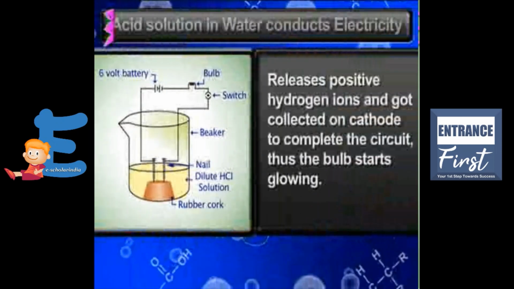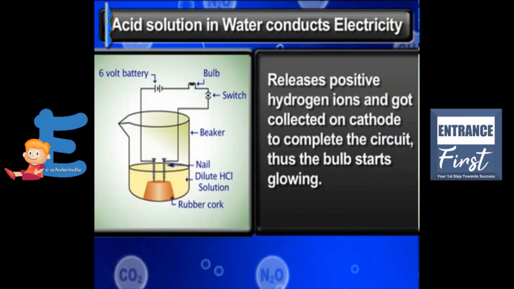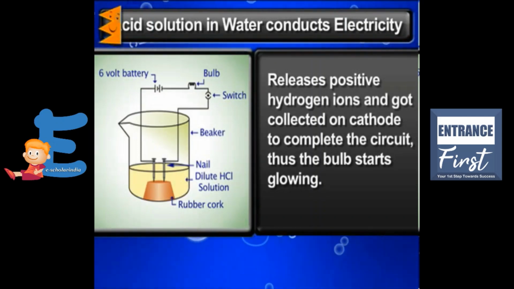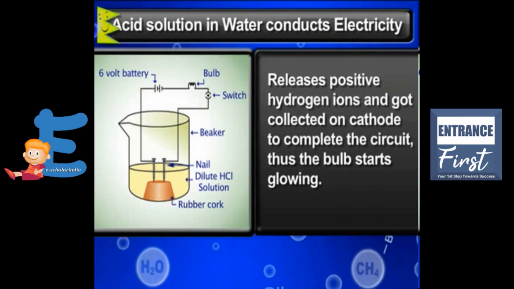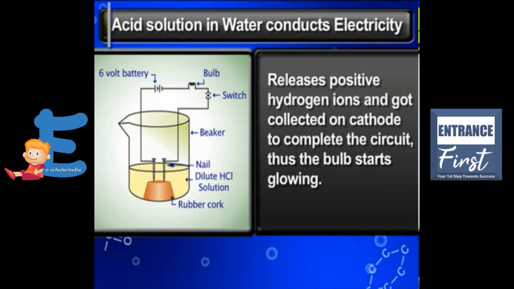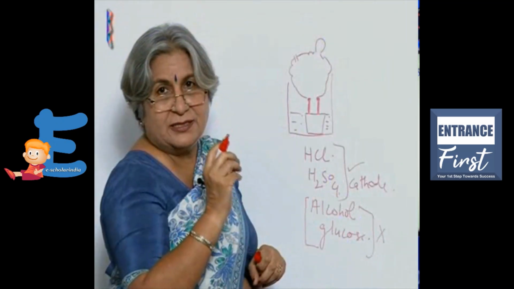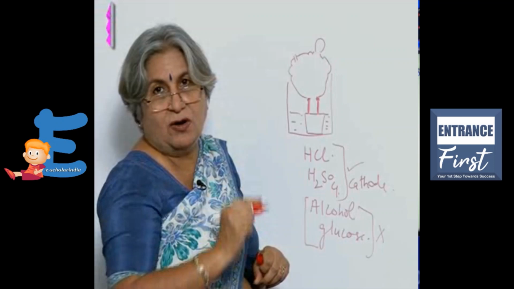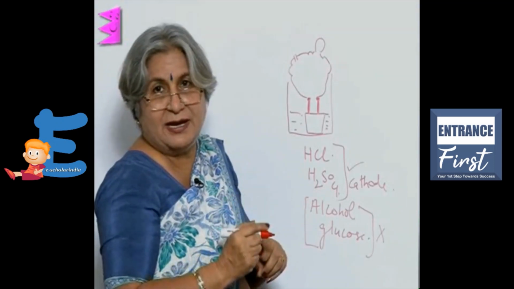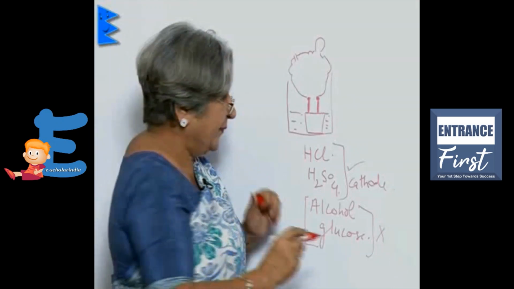The hydrogen ions were released, and because hydrogen ions are positive and they got collected on the cathode, the circuit was complete and the bulb glowed. Now these experiments prove that it is the hydrogen ions which are common in all acids, and they were able to complete the conduction of electricity.